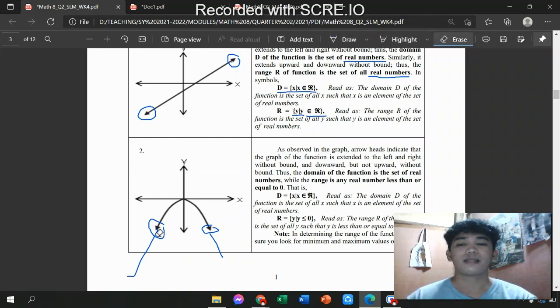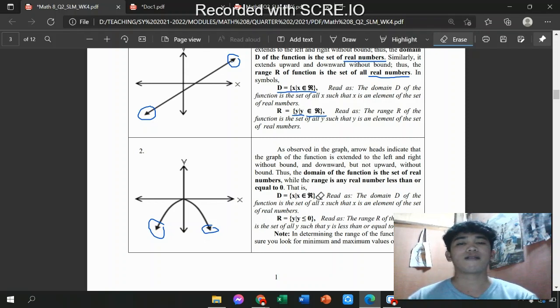So meaning, ang atong domain gihapon is the set of real numbers. Tanang real numbers gihapon ang atong domain because na-extend man siya to the left and to the right. Negative and positive. Left and right. Extend siya so that our domain is the set of real numbers.